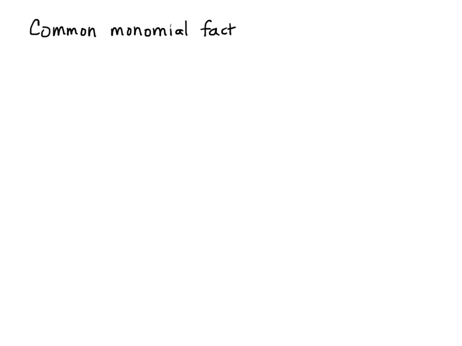Okay, so the first thing that we do when we factor is that we always want to factor out a common monomial factor. So we don't necessarily want to factor out a binomial or a trinomial first. We always want to look to see, is there something we can factor? So let's say we have a polynomial that has a 9x to the fourth and a 6x cubed.